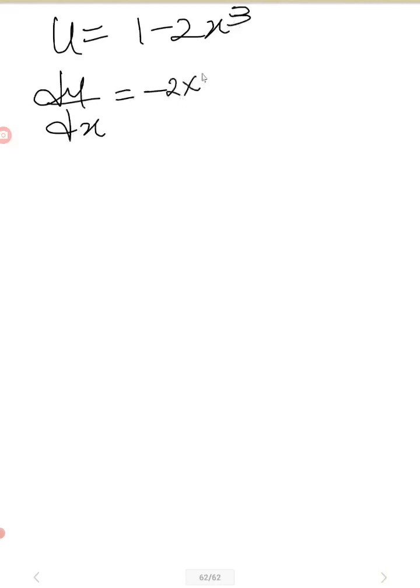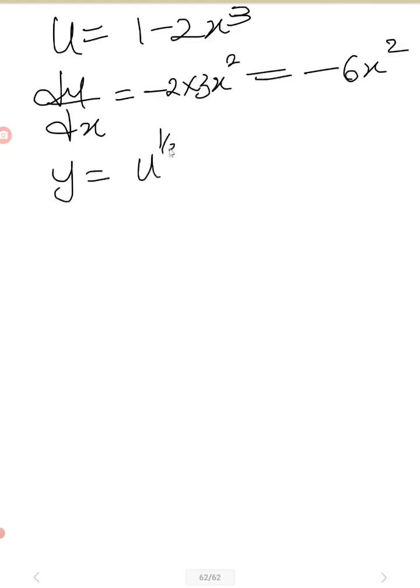If our u is 1 minus 2x cubed, so therefore the derivative of u with respect to x will be minus 2 times 3x squared, which is equal to minus 6x squared. And our y from that place is u raised to power half.